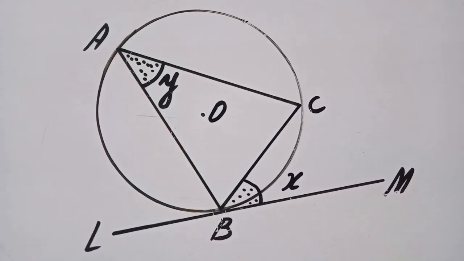So the angle between a tangent and a chord at the point of contact is equal to the angle subtended by the chord in the alternate segment.